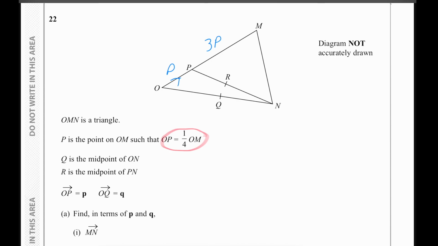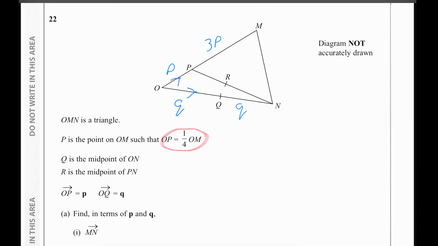And then they say from O to Q is q, and this is a midpoint, so I can just double that. I can label it as q as well. And then they ask us to find M to N in terms of p and q.